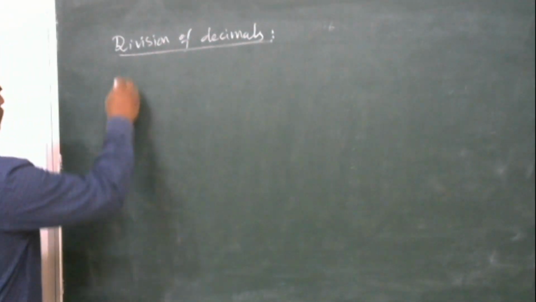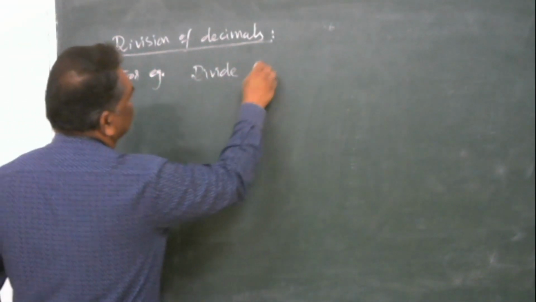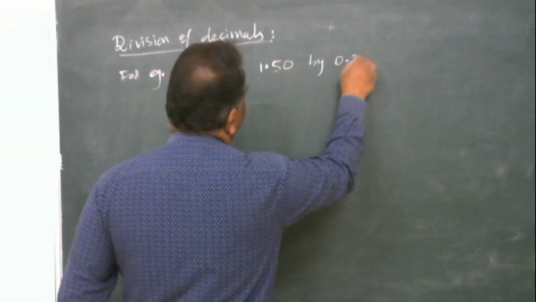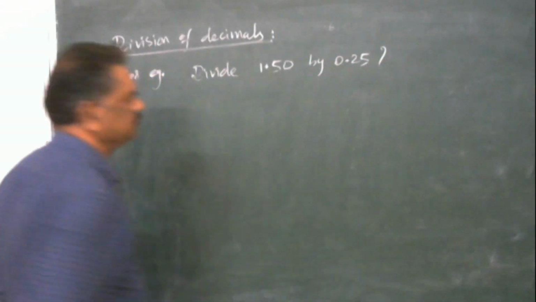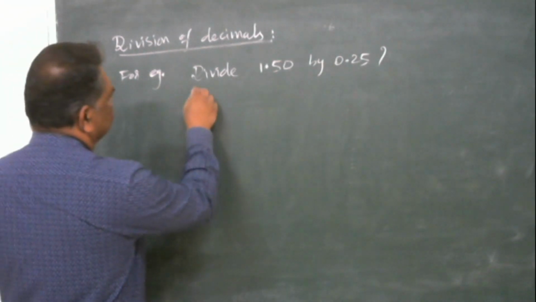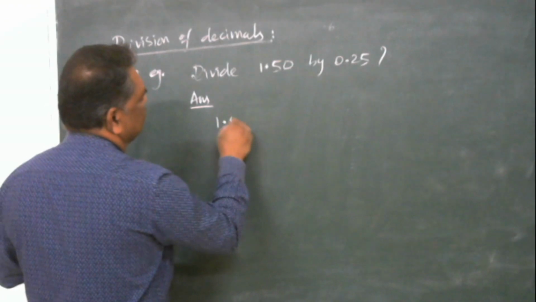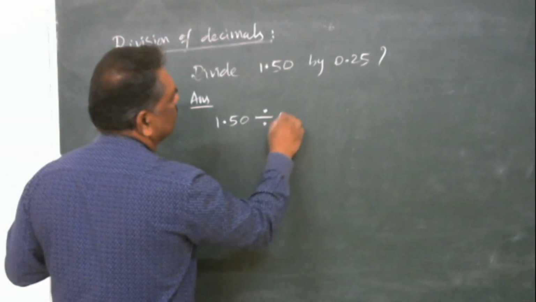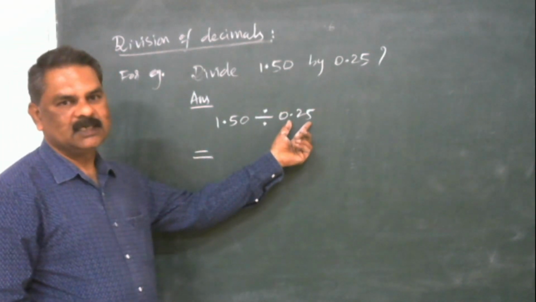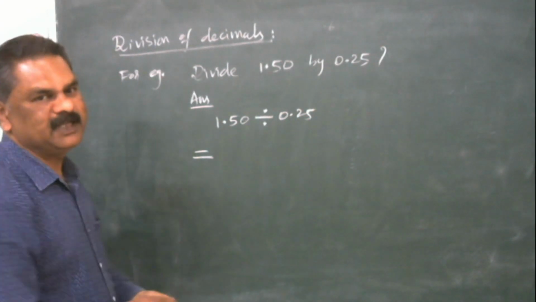For example, let us divide 1.50 by 0.25. Here the divisor is a decimal, so we need to convert it into a whole number by shifting the decimal point.